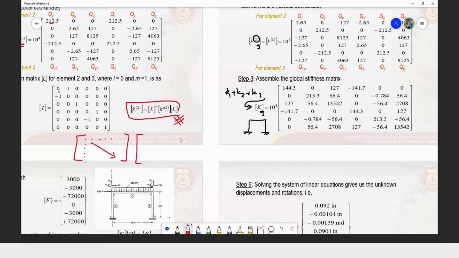You need to multiply your K, this is your LT. So your K is 6 by 6, and then you multiply again with this other 6 by 6.